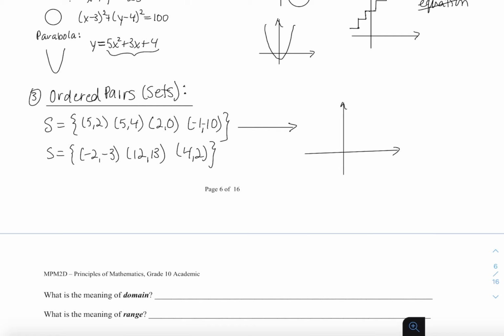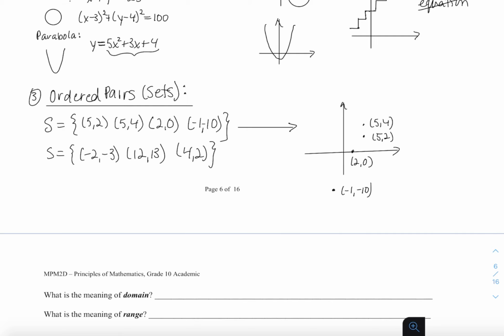So if I have (5, 2), (5, 4), (2, 0), (-1, -10), you get the idea. Okay, so there's not really necessarily any pattern here. So we know what a relation is, and we know how to represent a relation in 3 different ways.